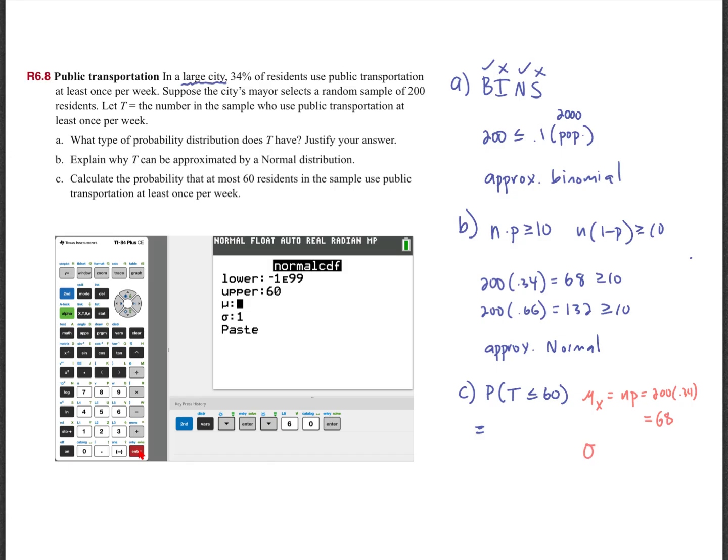And then the standard deviation is the square root of n times p times 1 minus p. I'll do that in the calculator, and that ends up being 6.699. Okay, so let's go back to the calculator, and we can put those in now.